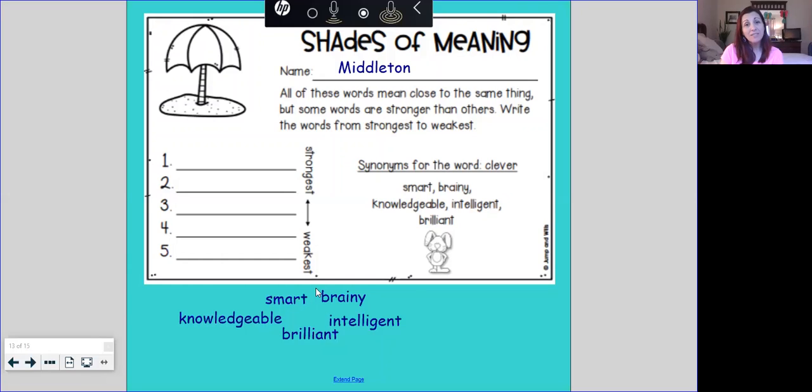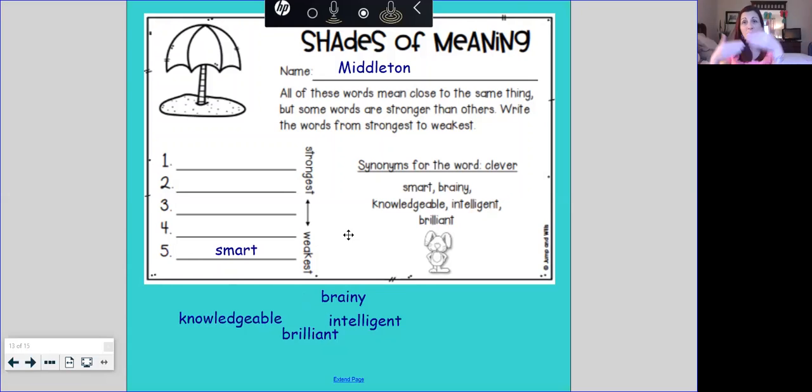For this, I would say maybe the word smart. I hear the word smart a lot. People make smart choices, or students are very smart in the classroom. We hear that word a lot. It doesn't have a lot of oomph to it, right? So I'm going to put that one as the weakest.